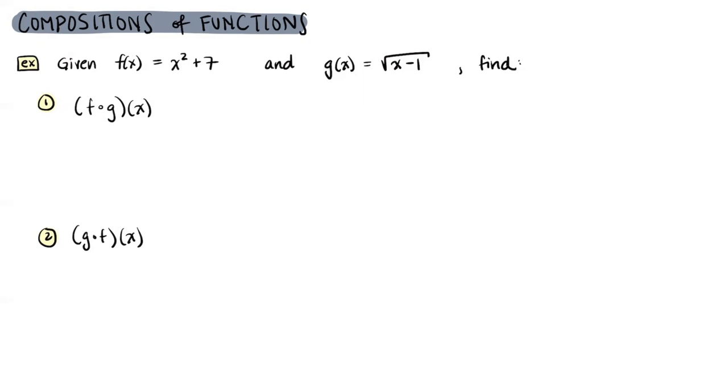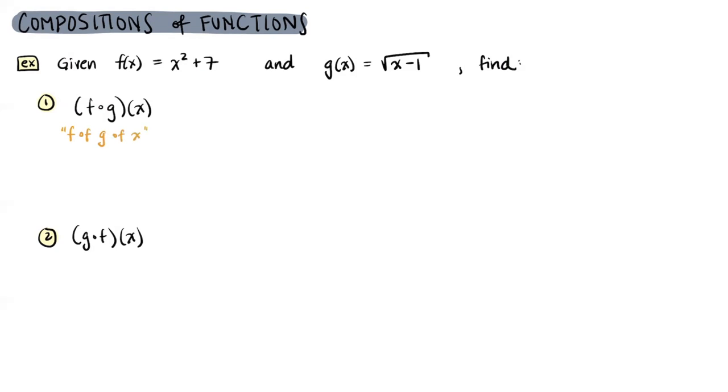If we have this function f of x, which is x squared plus 7, and g of x, which is the square root of x minus 1, we want to find their composition in two different orders. You can compose one with the other, and then reverse that and compose them in the opposite order. We use this little circle to denote function composition. We would read this as f of g of x.